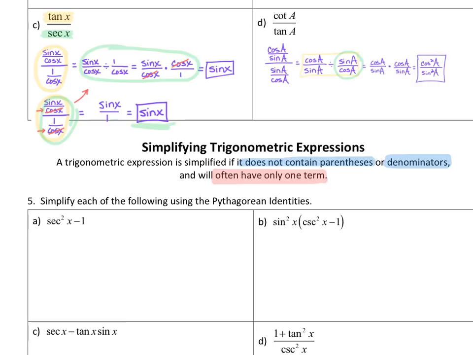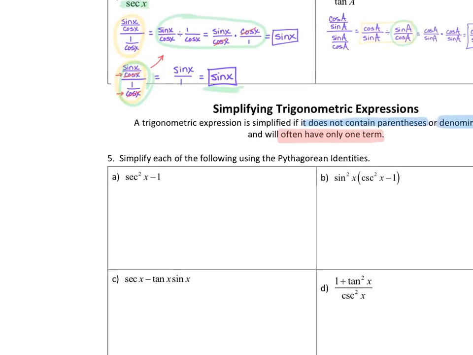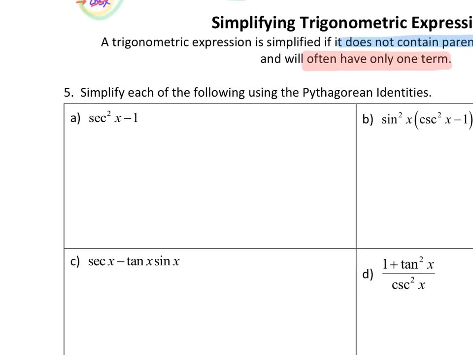So the first type of problem that we're going to look at is a problem that you simplify by using the Pythagorean identities. So I want you to grab your formula sheet. That's that pink piece of paper that I gave you at the beginning of this unit. And the very top section is the section that says Pythagorean identities.